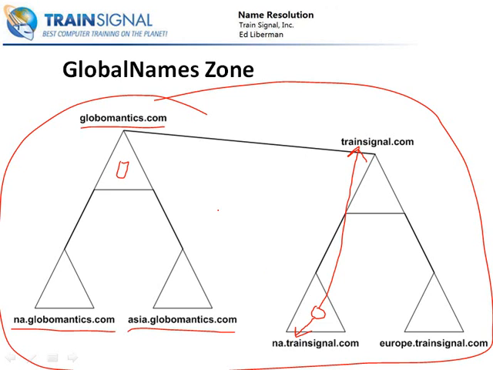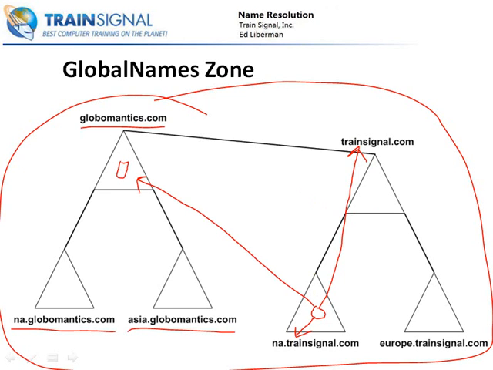Now this would work because this client would look at na.trainsignal.com, wouldn't work, look at trainsignal.com, wouldn't work, then probably next in line in the search order would be the globalmantics.com domain. It would now search server1.globalmantics.com and it would work because that server does exist.